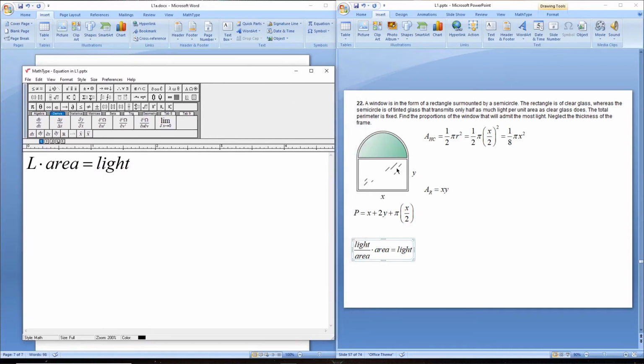And the area, let's look at the rectangle here. So we have our light per area, which is some value L, times the area. And let's do the rectangle first. That would then give us the light from that rectangle.